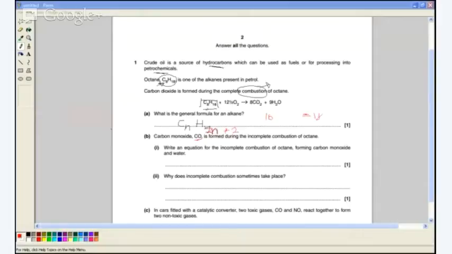So what I do is I look at this and I think, well, I am going to start with C8H18. It's incomplete combustion and I'm forming carbon monoxide. In my equation, I'm going to form carbon monoxide and I am also going to form water. So that's what goes in my head.